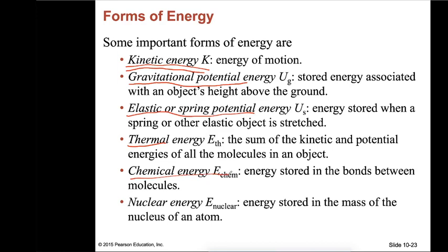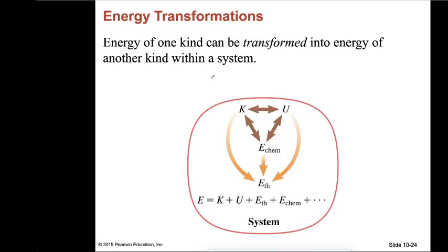Chemical energy is energy stored in the bonds between molecules. And nuclear energy is energy stored in the mass of the nucleus of an atom. Nuclear energy could be huge. So those are the several types of energies listed in this class, and we'll introduce them one by one.